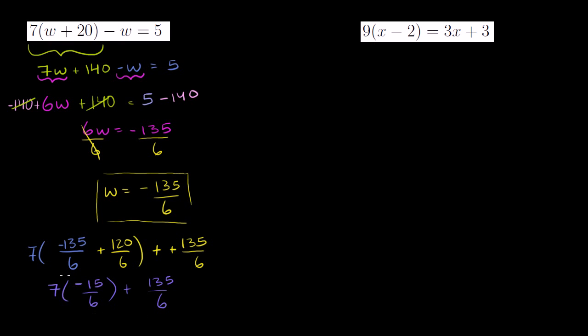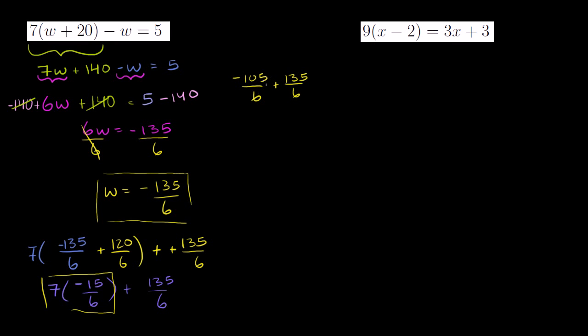So then we get 7 times 15. So let me go over here. What is 7 times 15? It's 70 plus 35. So it's negative 105. This right here is negative 105 over 6. Plus 135 over 6.